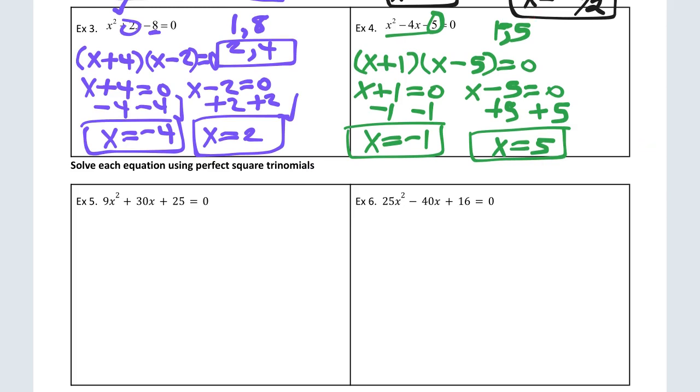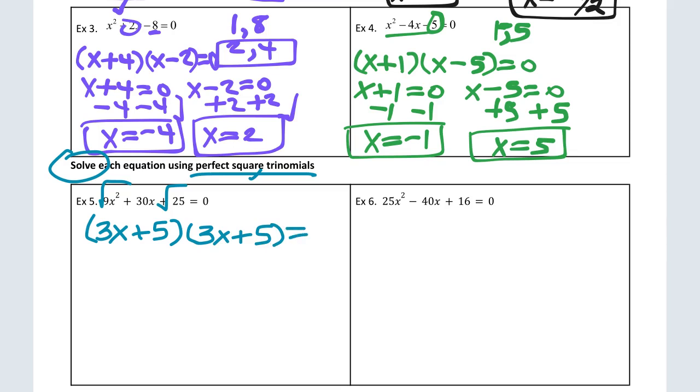Next, we come back to factoring perfect square trinomials, except now we're going to solve. Being that we can obtain the square root of the first and the last term, we obtain the factor 3x plus 5. Being that it's a perfect square trinomial, both factors are the same, being 3x plus 5. Notice we have the same binomial factors.